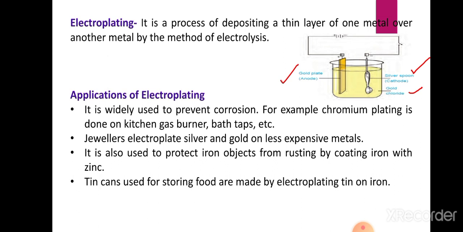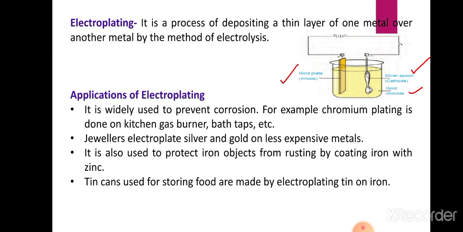For example, on gas burners and bath taps, chromium plating is done. Next, jewelers electroplate silver and gold on less expensive metals. As we can see, artificial jewelry is electroplated with silver or gold. Electroplating is also used to protect iron objects.